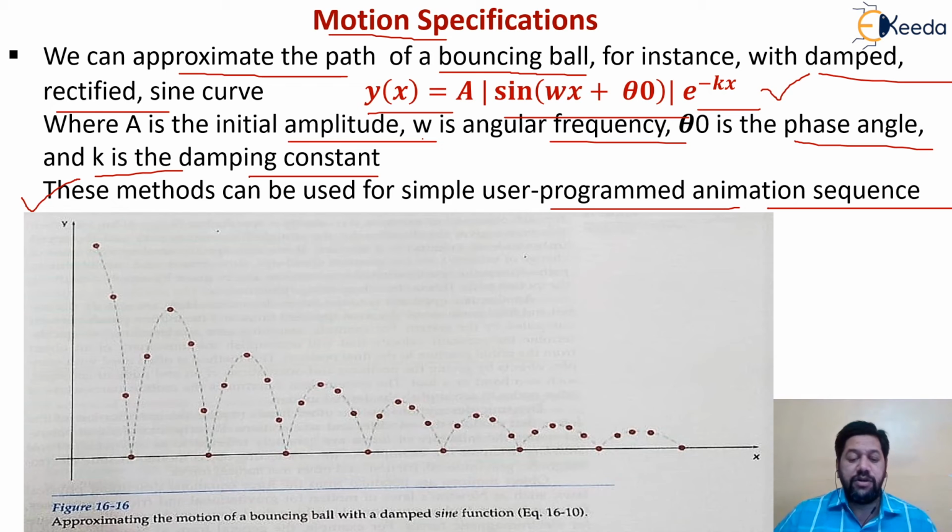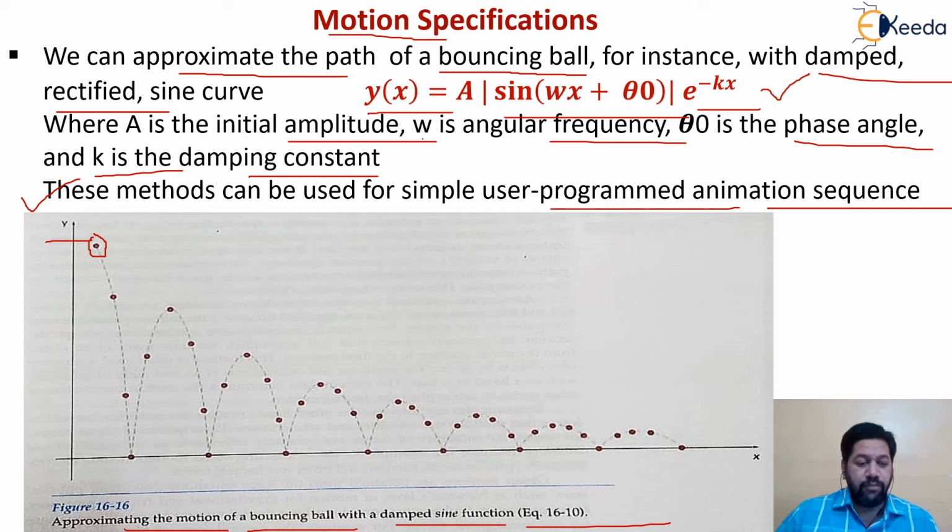Now I think this diagram will make the understanding clearer: approximating the motion of a bouncing ball with a damped sine wave function. Here the ball is thrown from this particular height.